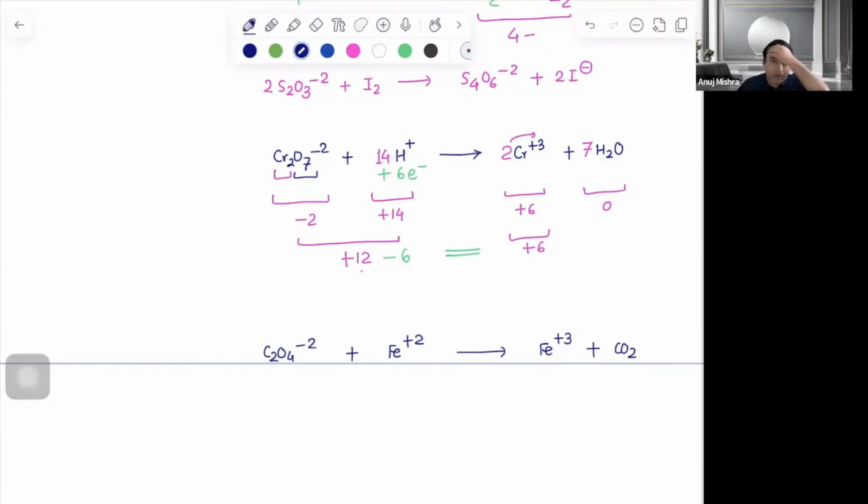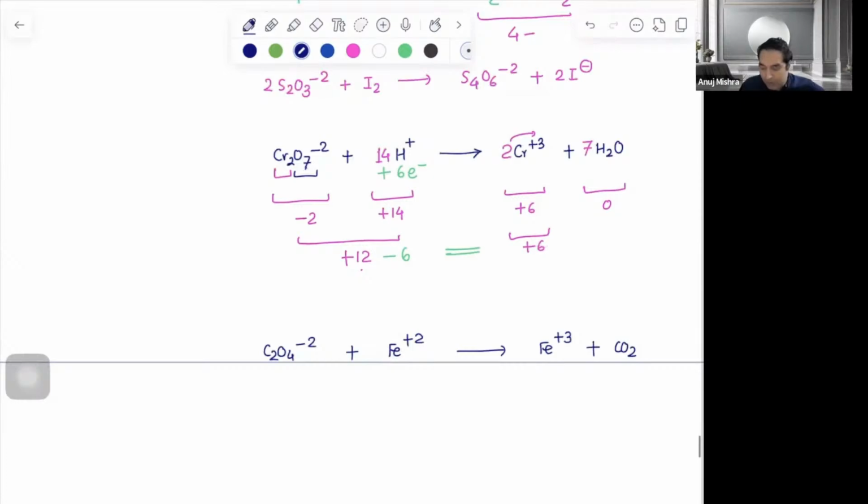Balance this. Try to balance this equation: C2O4 minus 2, Fe plus 2, Fe plus 3, and CO2.